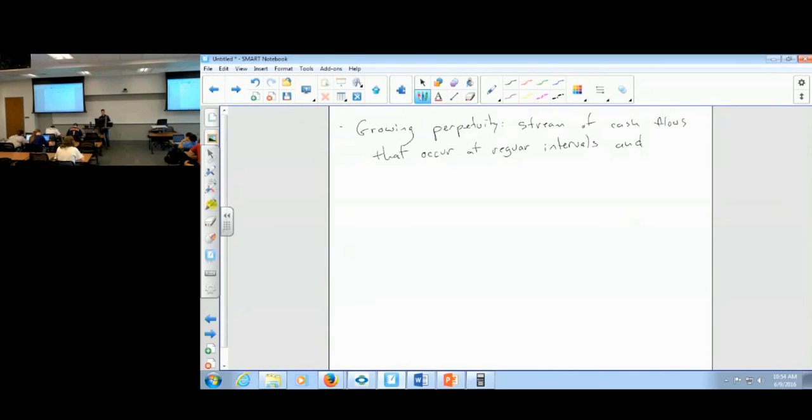But here's the wrinkle with these. They have a stream of cash flows that occur at regular intervals and grow at a constant rate forever.